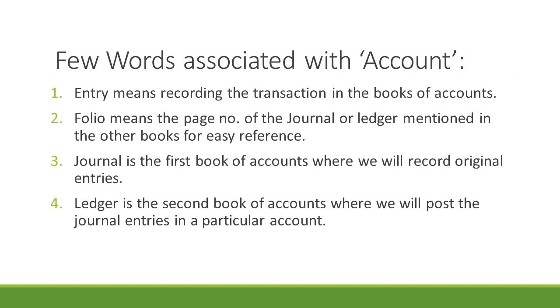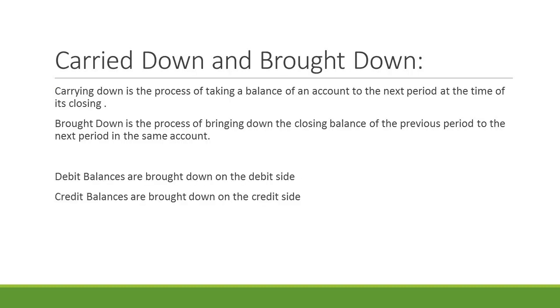We transfer the journal entries to an account, and that particular account we write in the book called ledger. This is called the secondary book of accounts. Then, as I told, the simple funda behind preparing the account is to balance it, to tally it.